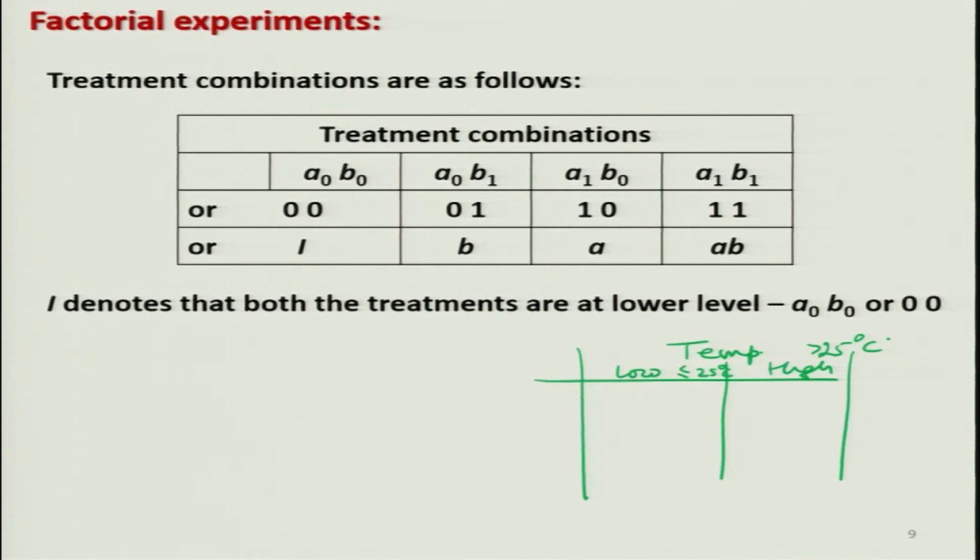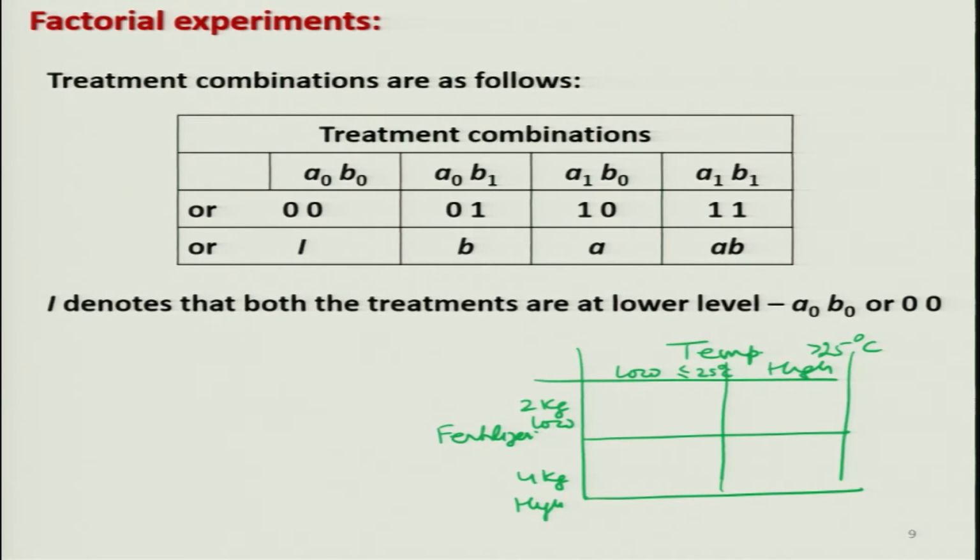And suppose I take one more variable, say quantity of fertilizer. Suppose I choose 2 kg of fertilizer, which will be called the lower value, low level, and similarly I can have 4 kg of fertilizer, which will be called the higher value. Now, you conduct the experiment.